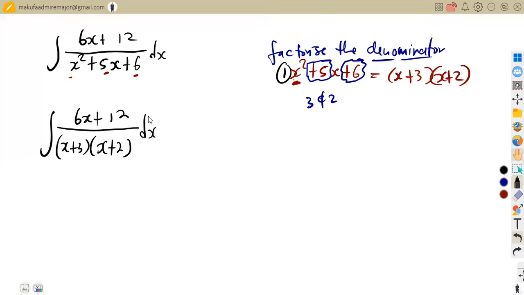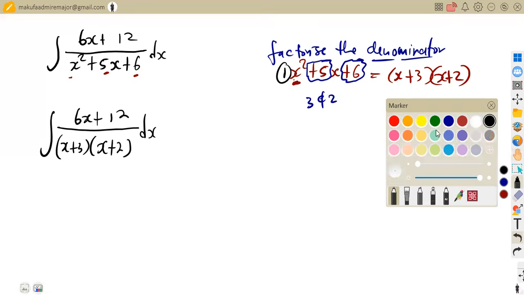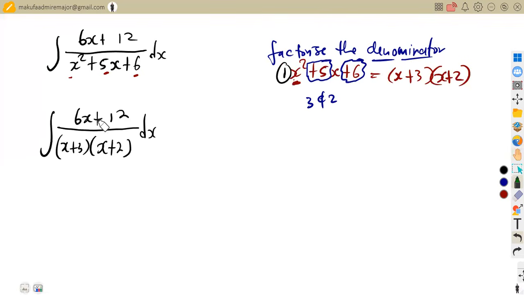And also this question, if you check here, we are working with partial fractions, but here we are not even supposed to use partial fractions, because check what is happening in the numerator. We have got 6x plus 12. If we factor out 6, we are going to remain with x plus 2, over x plus 3 into x plus 2.